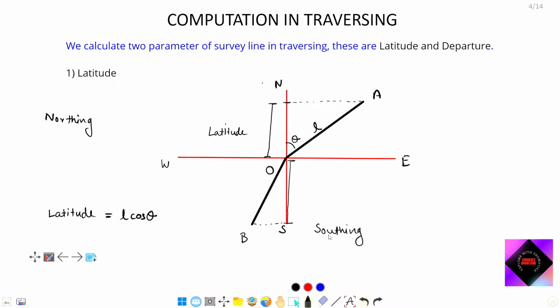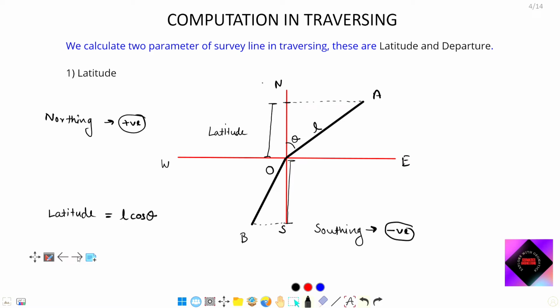These are two terms representing latitude. The value of northing is taken positive, and the value of southing is taken negative. So if you have the forebearing of a line and the length of the line, you can calculate the northing and southing both.